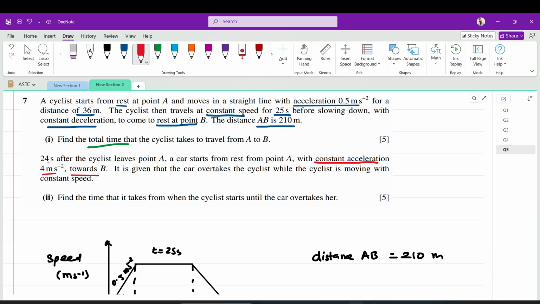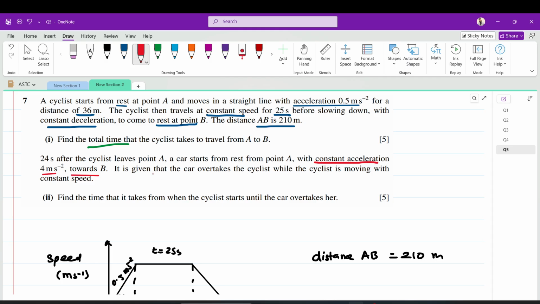So, let's say that when the cyclist leaves point A, you started the timer. After 24 seconds have passed, a car is now leaving point A, and it is traveling at a constant acceleration of 4 meters per second squared, in the same direction as the cyclist.